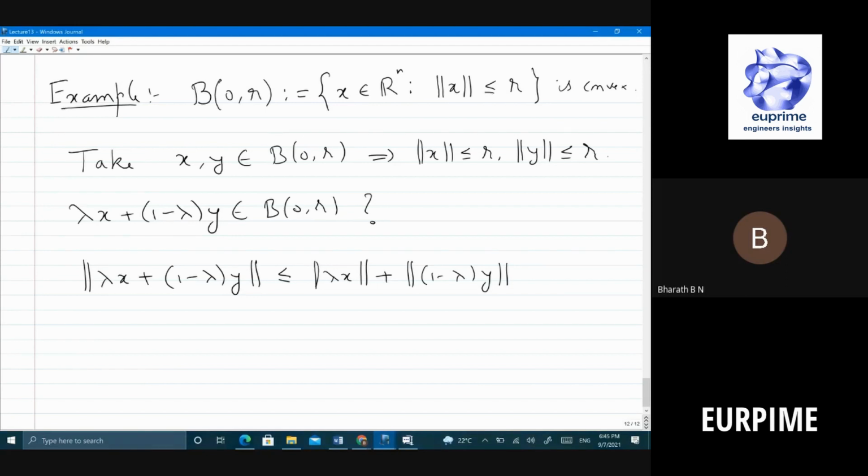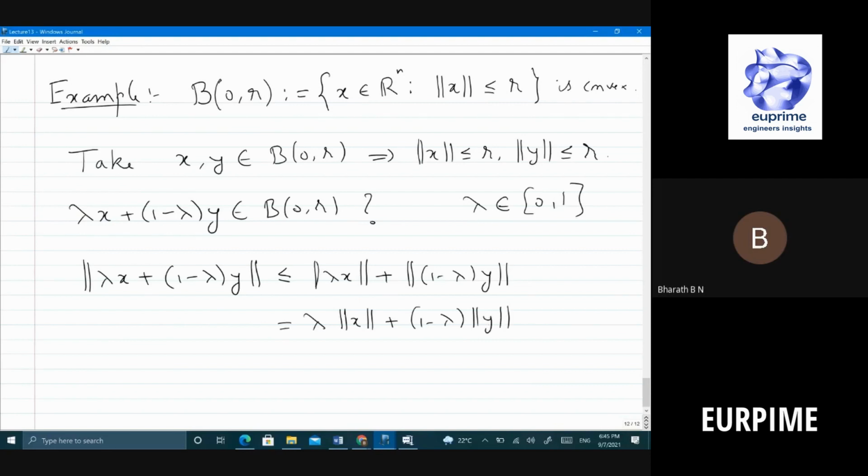Norm of alpha x is mod of alpha times norm of x, it scales by alpha. So do I need mod lambda? No, because lambda is between 0 and 1. So this is lambda norm of x plus (1 minus lambda) norm of y.